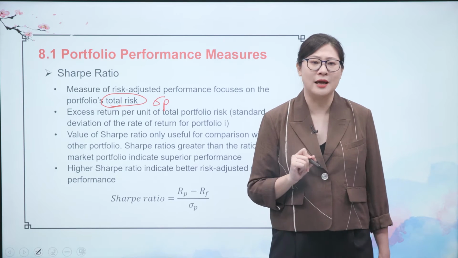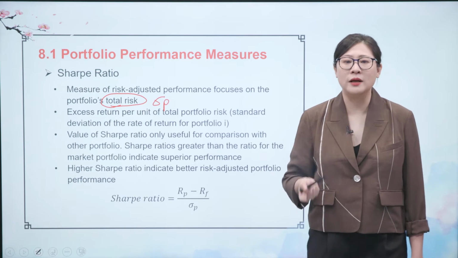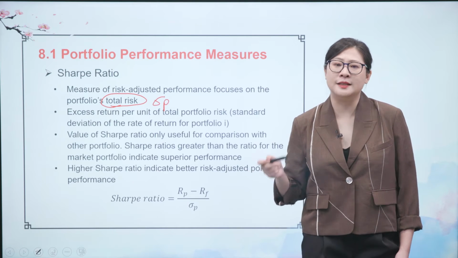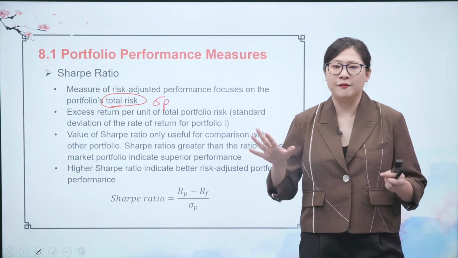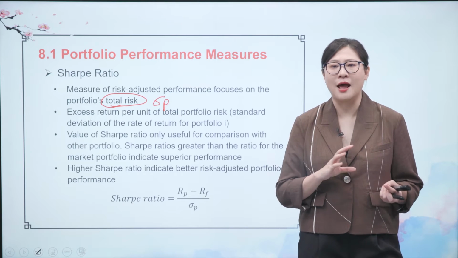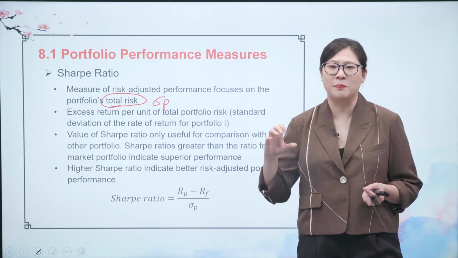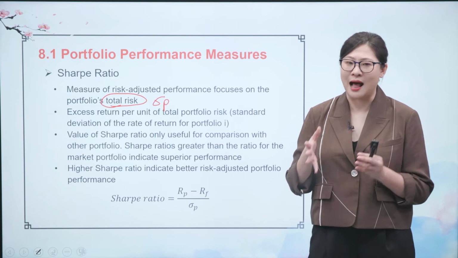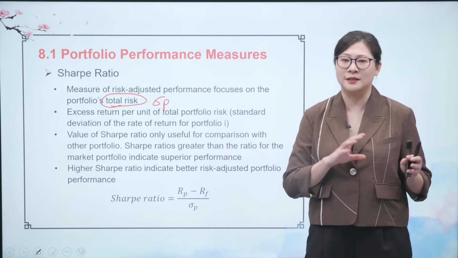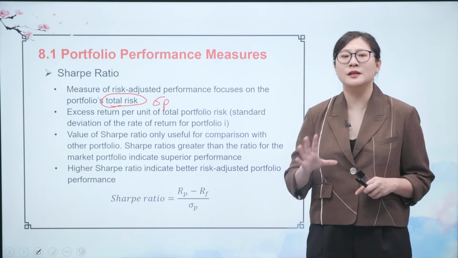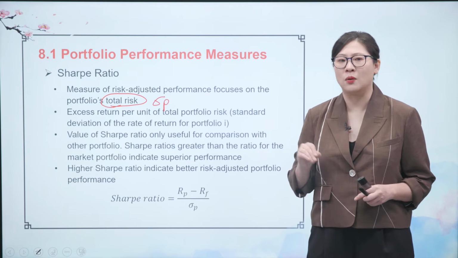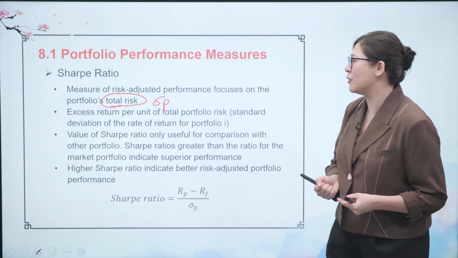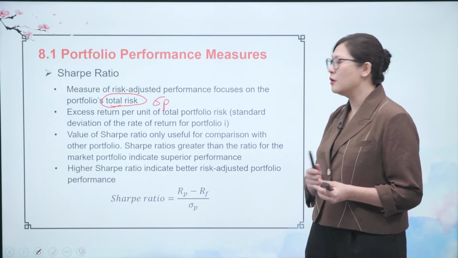And the third point is that the value of the Sharpe ratio is only useful for comparison with other portfolios. It is the same as the Treynor ratio. If you use the Sharpe ratio and Treynor ratio to evaluate portfolio performance, you need to compare this Sharpe ratio with other portfolios' Sharpe ratios, or the same for the Treynor ratio. A Sharpe ratio greater than the ratio for the market portfolio indicates superior performance.